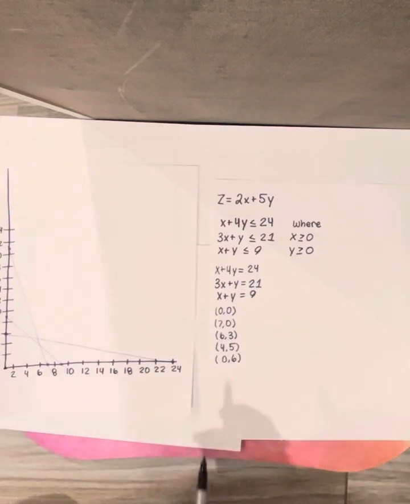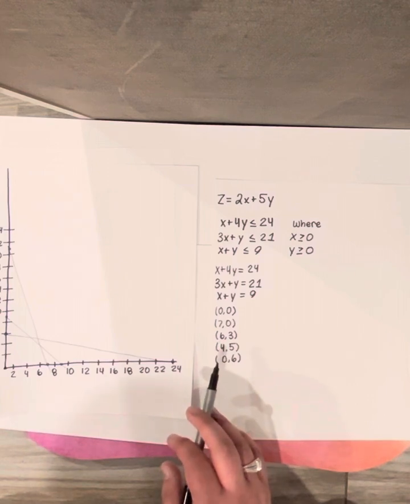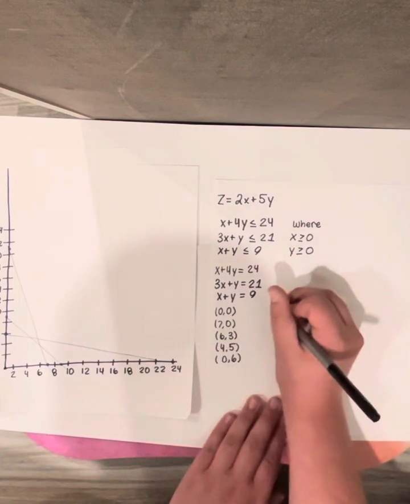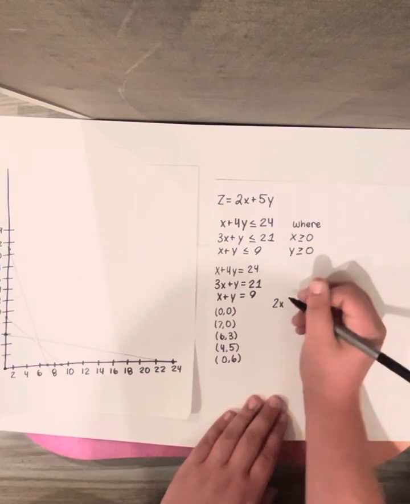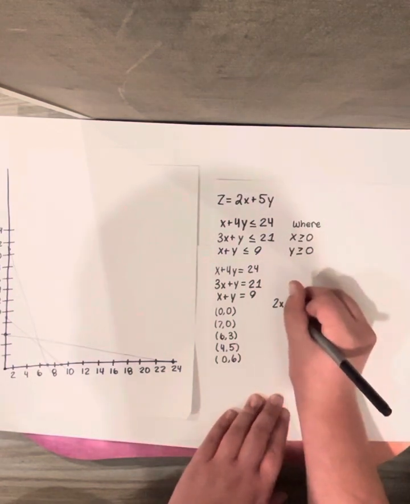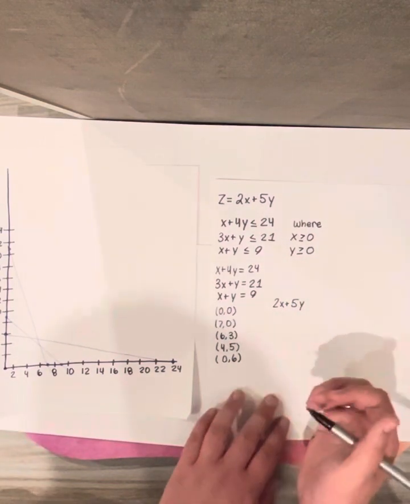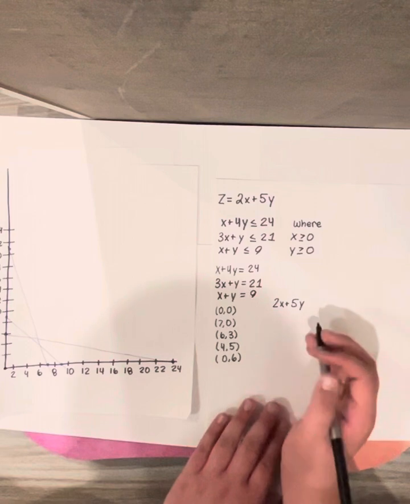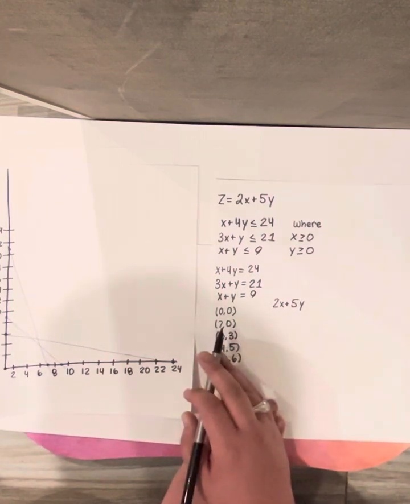So in order to do that, we just need to substitute these corner points back into our objective function. So remember, our objective function was 2x plus 5y. And just as an example, I'll show you how to substitute that back in there.